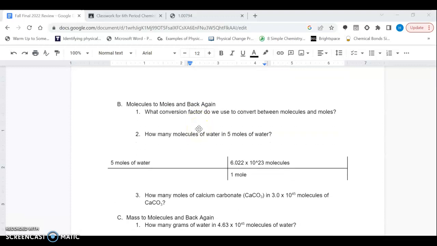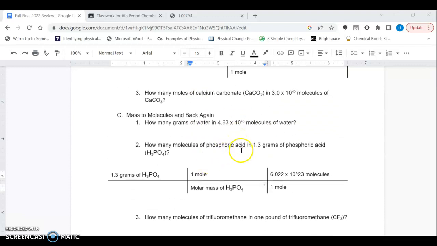Read the problem, and it says how many molecules in 1.3 grams of phosphoric acid, so I know I'm starting with 1.3 grams. I'm going to need the molar mass to cancel out to get to moles. I can then use Avogadro's number, 6 times 10 to the 23rd, to get to molecules. When I add up the mass of all the atoms in phosphoric acid, I get the mass of 97.994.